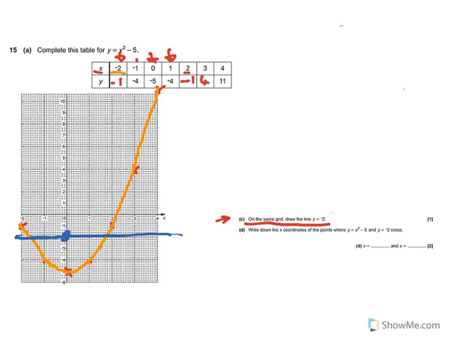Right, and then the last one, write down the coordinates of the points where y equals x squared minus 5 and y equals minus 2 cross. So we're simply looking for the points where both of those graphs cross, and you can see it's here and it's here.